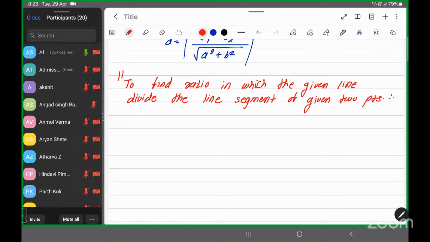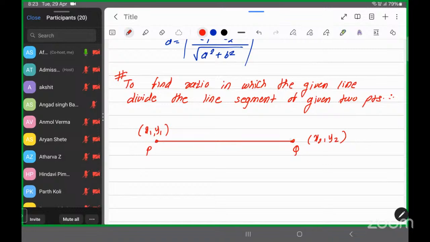Let's understand this concept first. Say there are two points, P with coordinates (x1, y1) and another point Q with coordinates (x2, y2). Then this is a line segment.